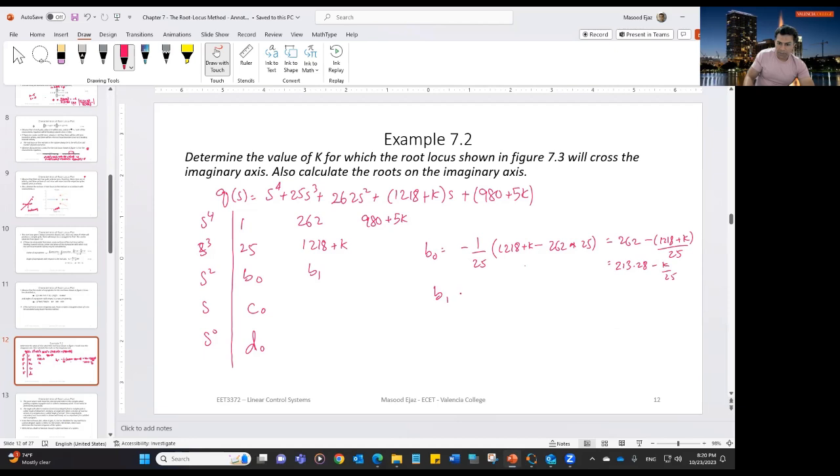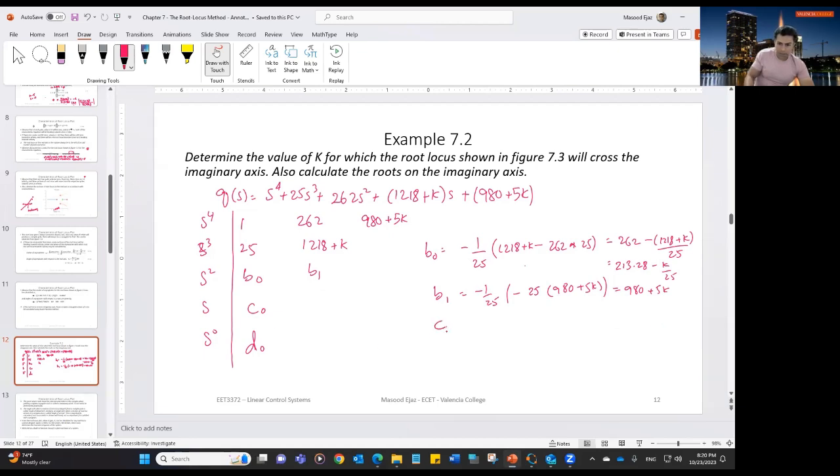Then B1 is going to be negative 1 over 25 times the determinant with 1 times 0 and negative 25 times 980 plus 5K. So B1 is 980 plus 5K.